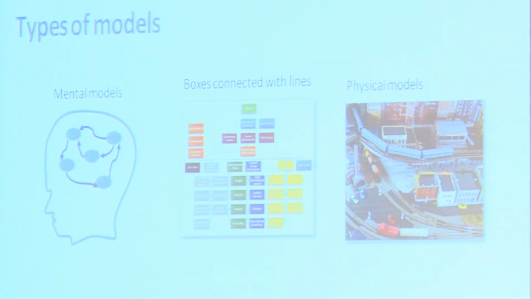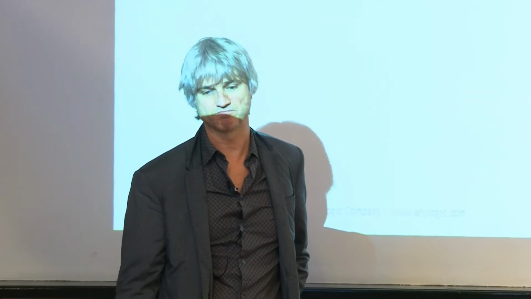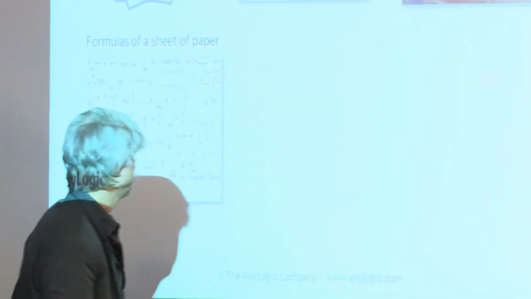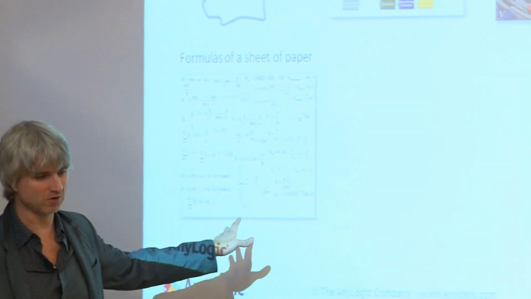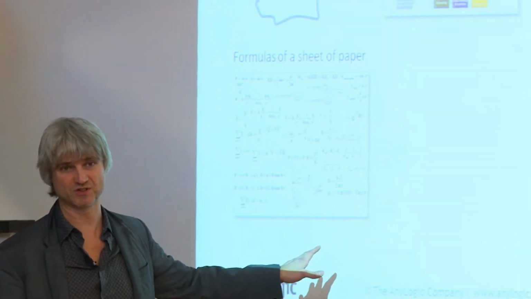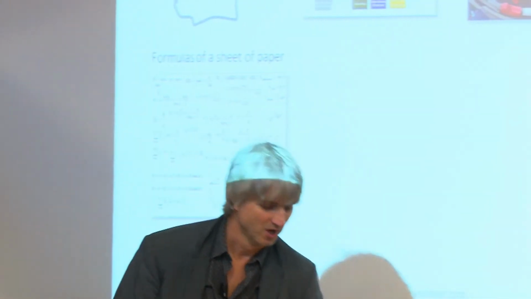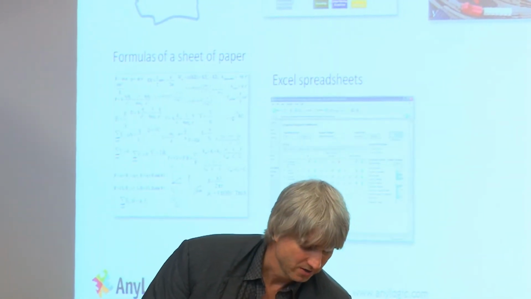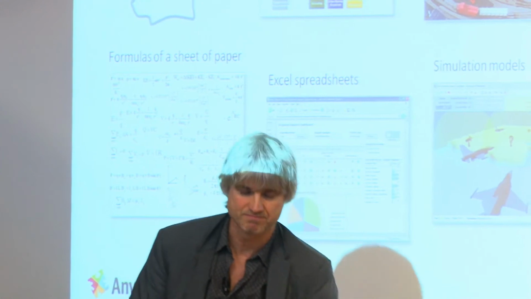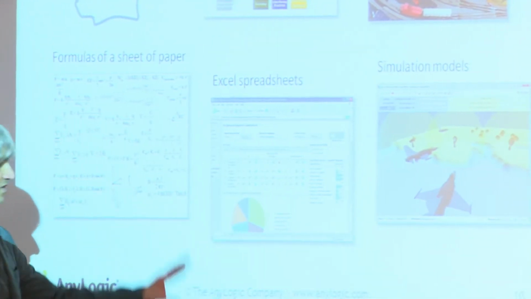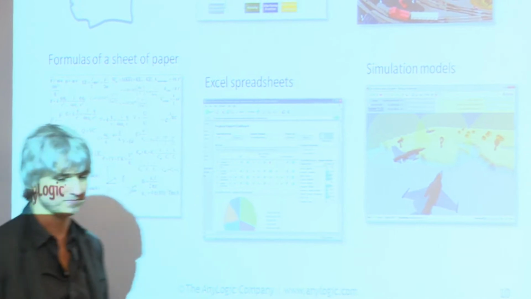Physical models, like a toy railroad or maybe a wind tunnel which is used when they design airplanes, would be examples. When you're in high school and you learn physics, all these formulas and Newton's laws, etc., are nothing but analytical models of physical reality. Excel spreadsheets with calculations are also models, and at the end there are simulation models where something dynamic is happening.